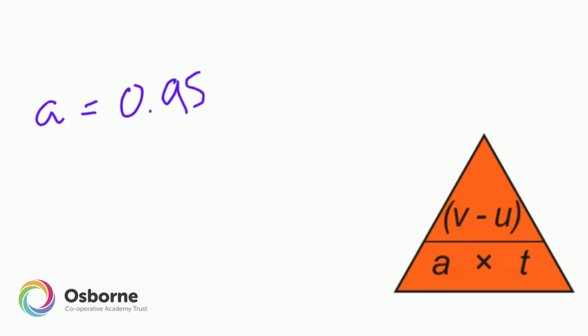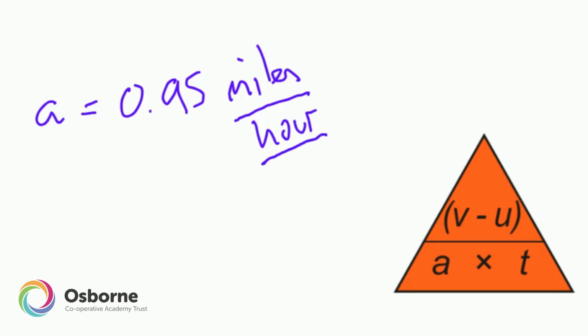So at the moment, my answer is actually 0.95 miles per hour, and then it's per second. That means that my car was accelerating nearly 1 mile an hour per second.